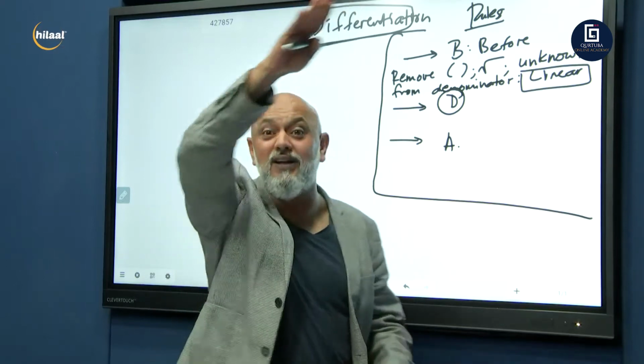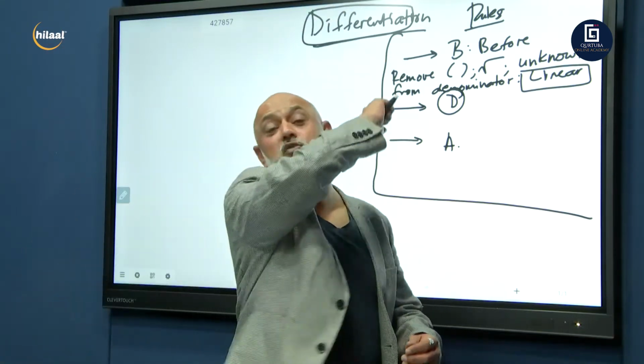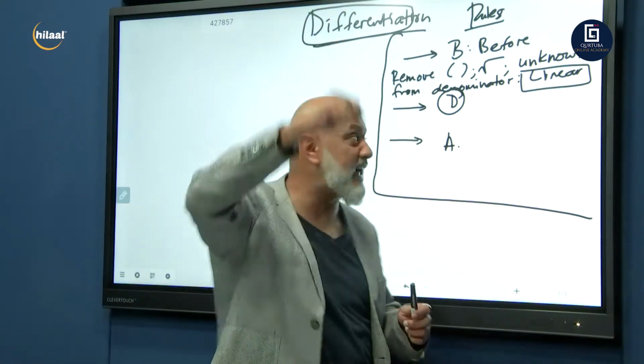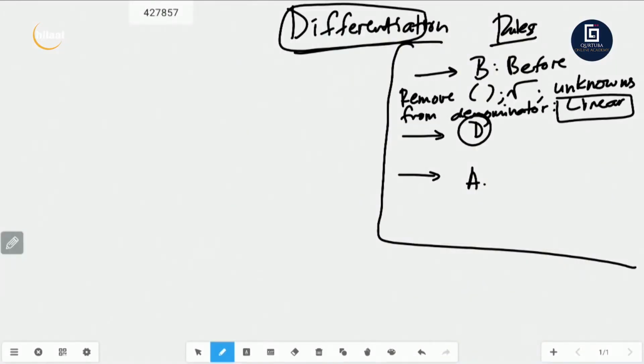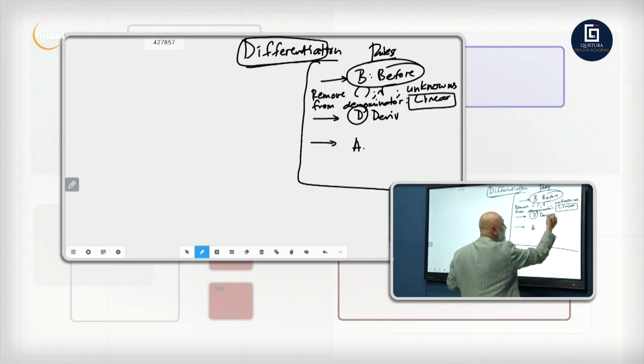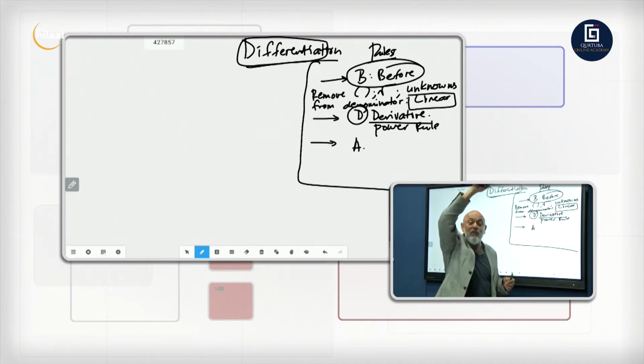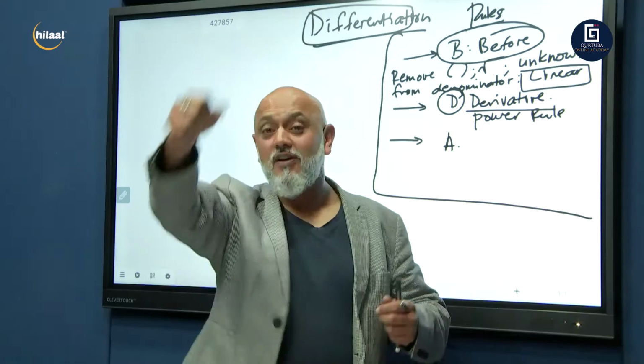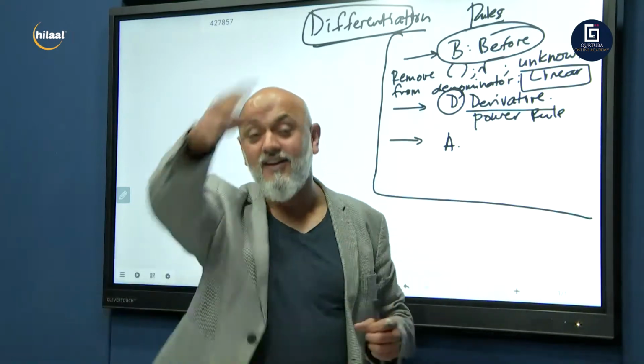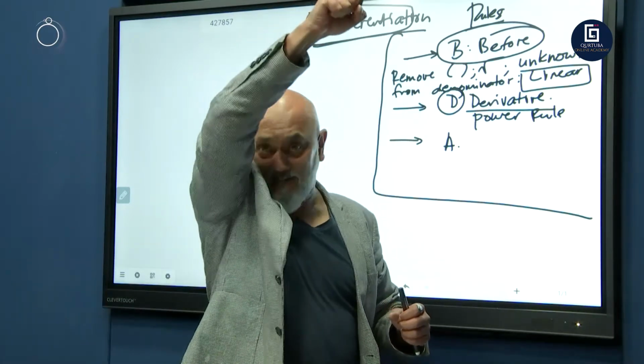Remember, power times coefficient, minus 1 from the power. So here goes your sword action. Right, so let's go. Now we use the derivative. So before, B for before, D for death by derivative. Derivative. That's the power rule. So remember our sword action? What's the power rule? So imagine you had a sword in your hand. So you start on the top.